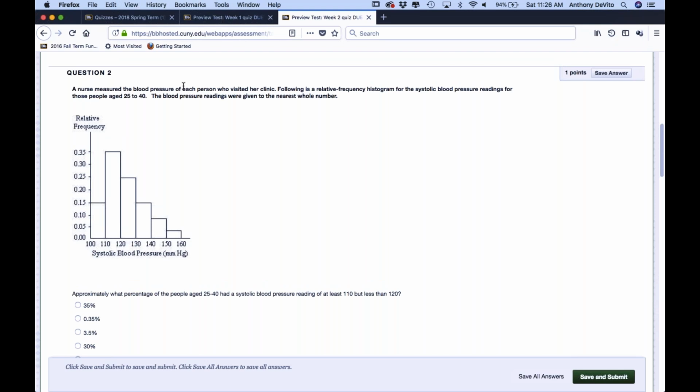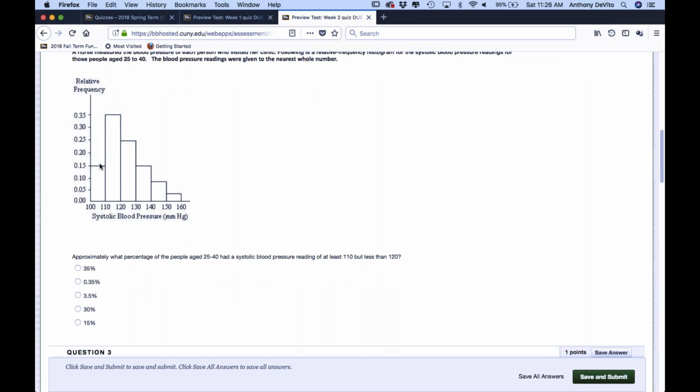Let's say, to make things simple, it was 100 people. So 15% of those 100 people had a systolic blood pressure between 100 and 110. That would be 15 people out of 100. In this histogram it's expressed as a proportion or a percentage. 35% of the people had a blood pressure between 110 and 120, 25% between 120 and 130, and so on.